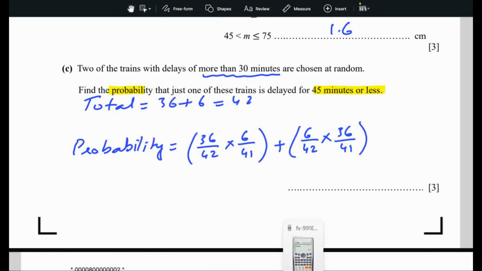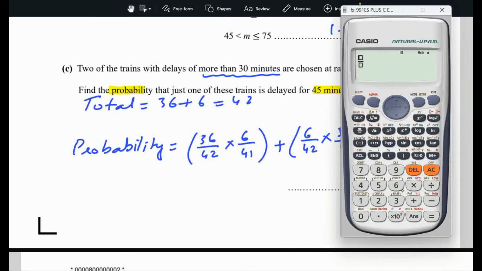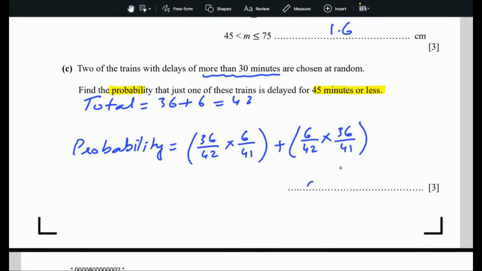So we can just multiply it by 2. So fraction 36 divided by 42 multiplied by fraction 6 divided by 41, multiplied by 2. So the answer will be 0.251, correct to three significant figures. I hope that the concept is clear.